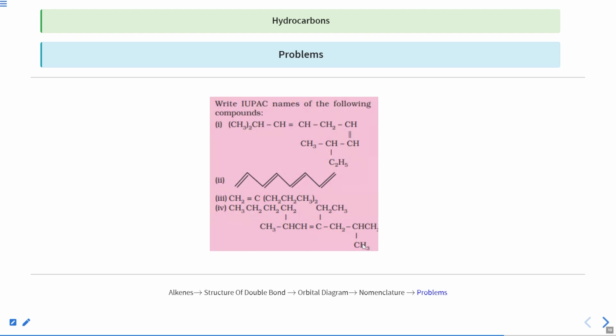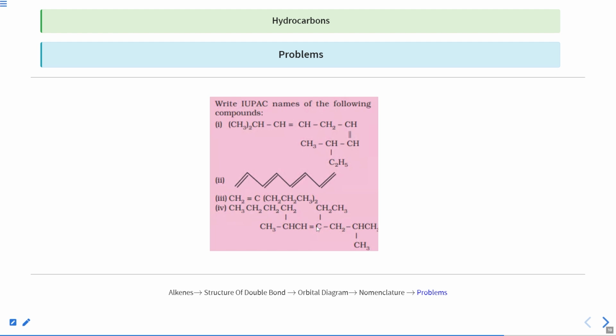Right? What about the functional groups? So first let us talk about the substituents. At second and sixth we have a methyl group, whereas on fourth we have an ethyl group.